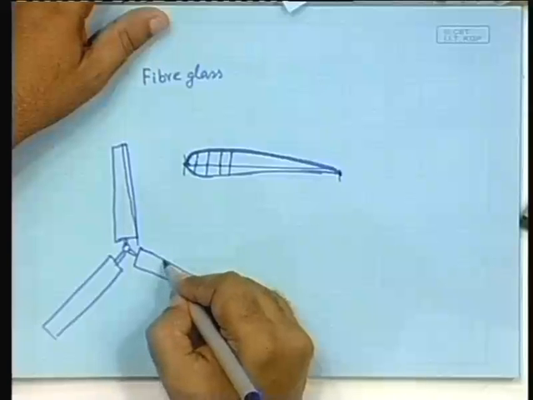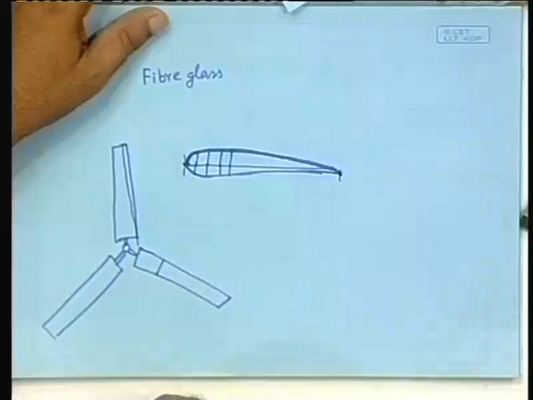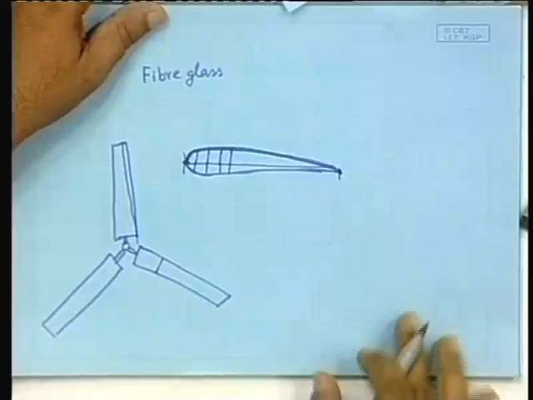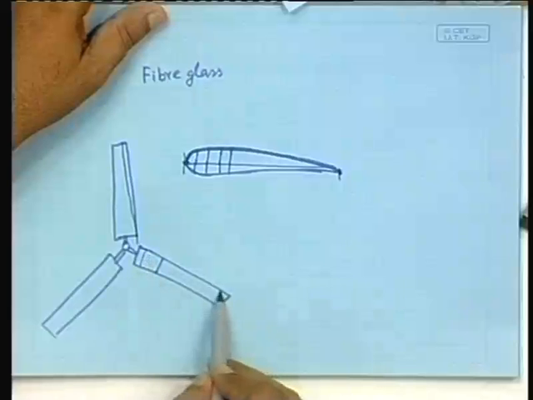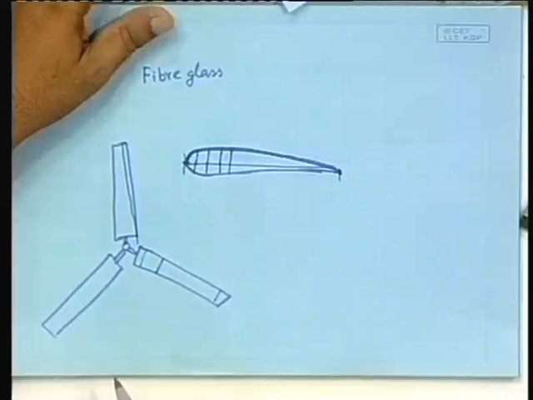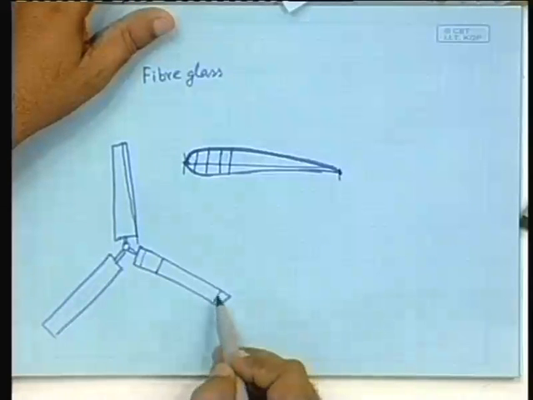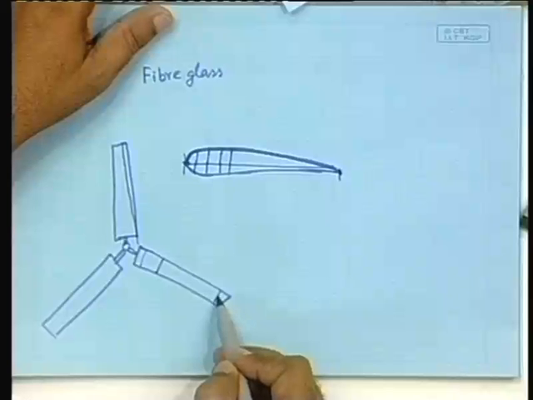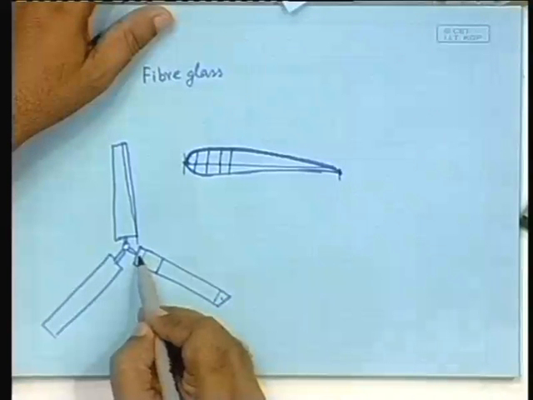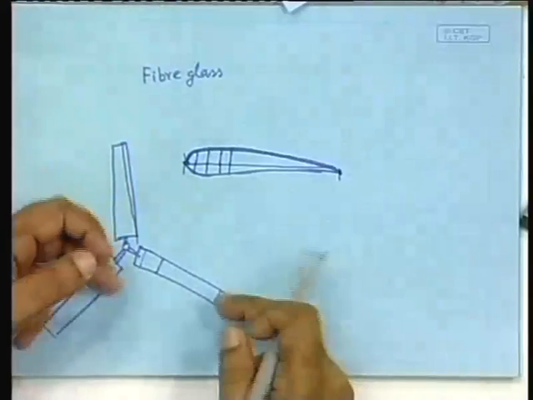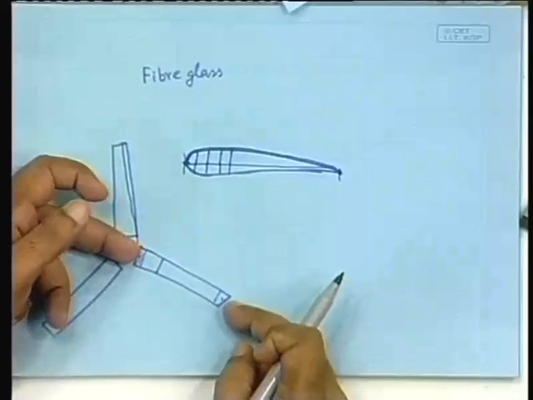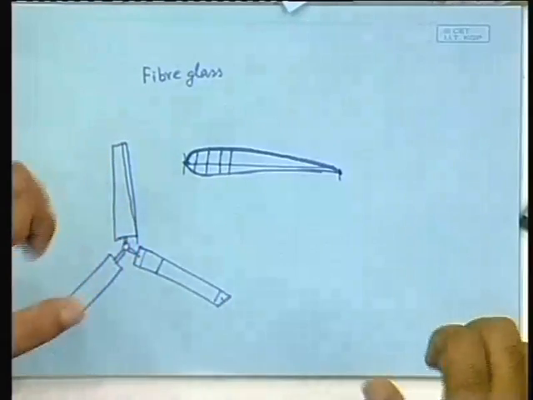Then this chord length, as I told you, should be different from inside to the outside, due to the basic fact that unless you do so, the torque produced and the thrust produced in the outer edge will be far different from that in the inner edge. As a result, the blade will experience a bending force, it might break.